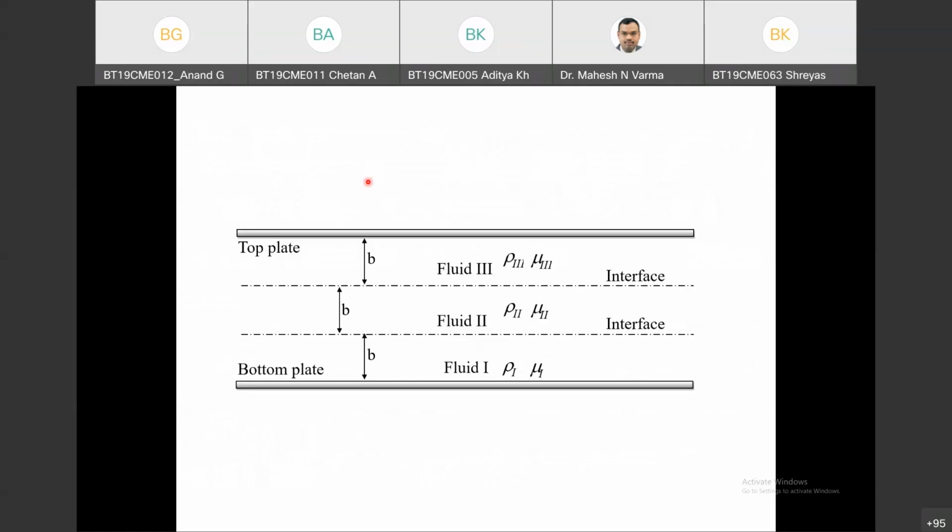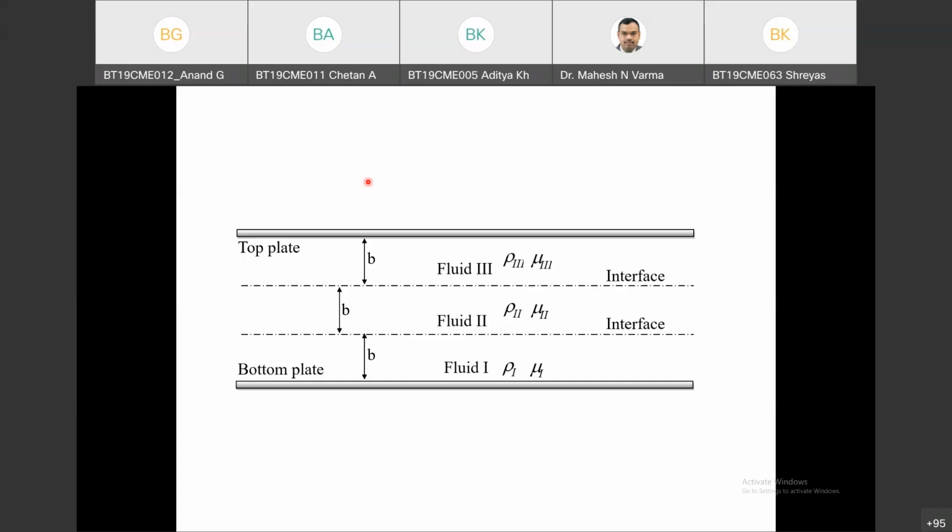What simplification can you make in this problem? We can consider all the fluids to be of one phase only, because if viscosities were different, then we would consider them different phases. Very good, based on the given data.